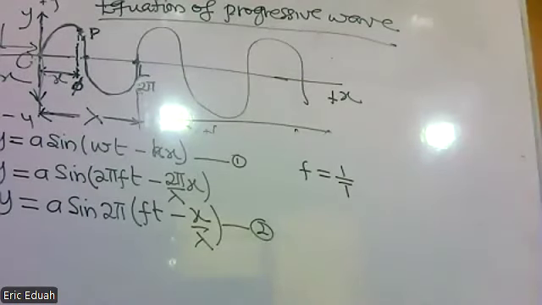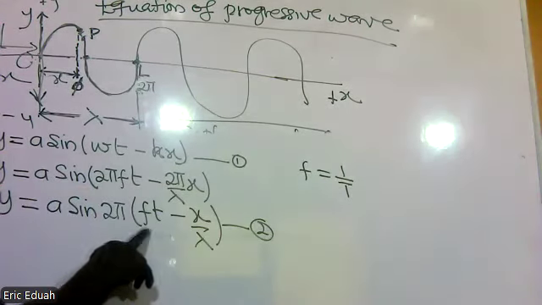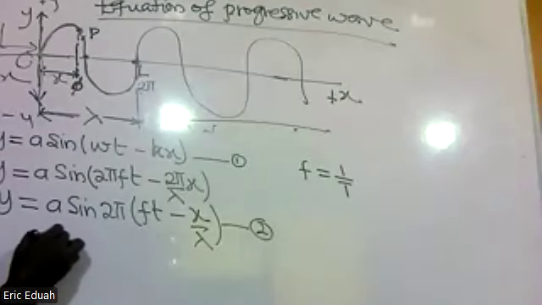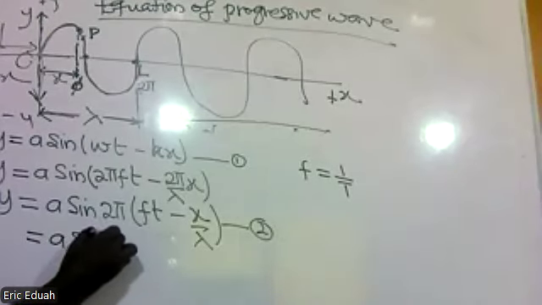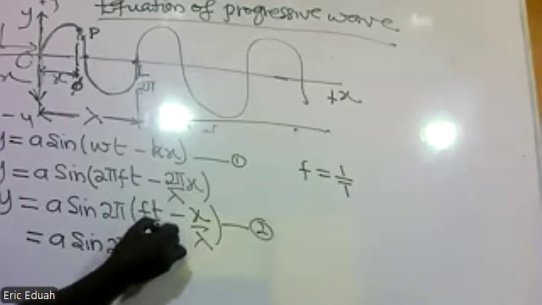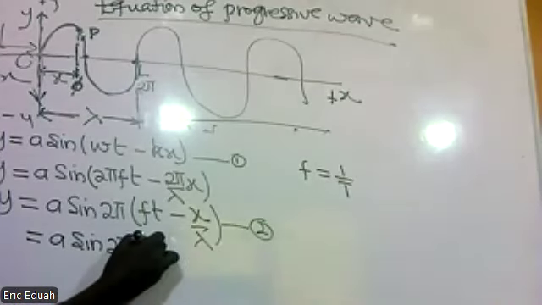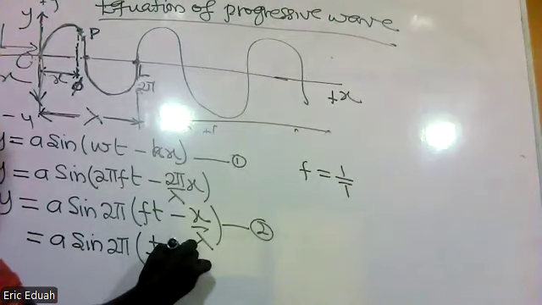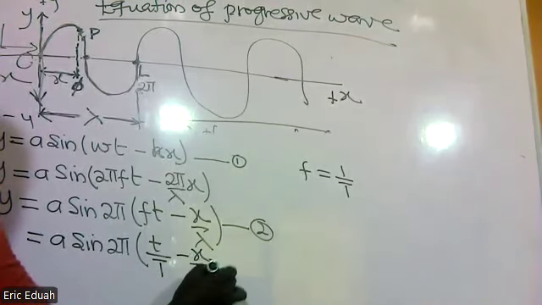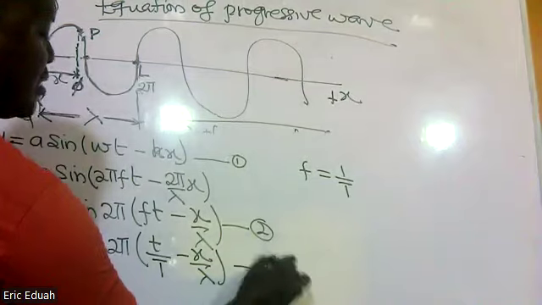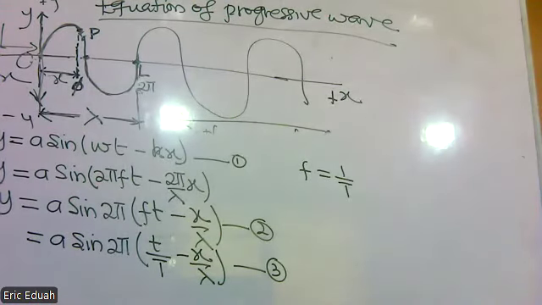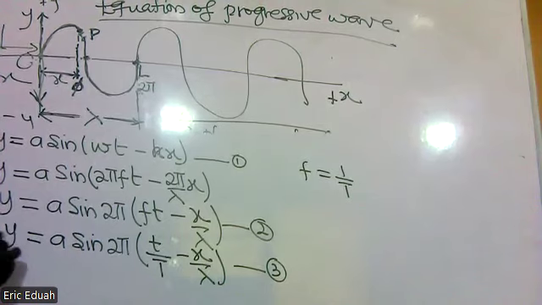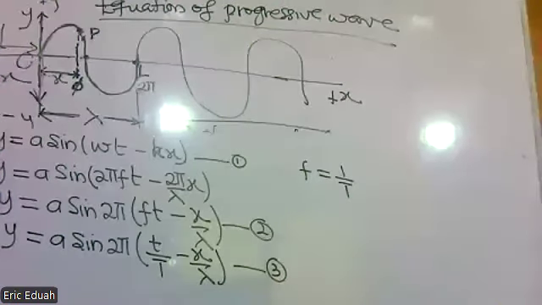So when we substitute f in place of what we have here, we can also have a sine 2 pi, f is 1 over T, so small t over big T, minus x over lambda. This is the third form of progressive wave equation. So it's just substitution that is being done.